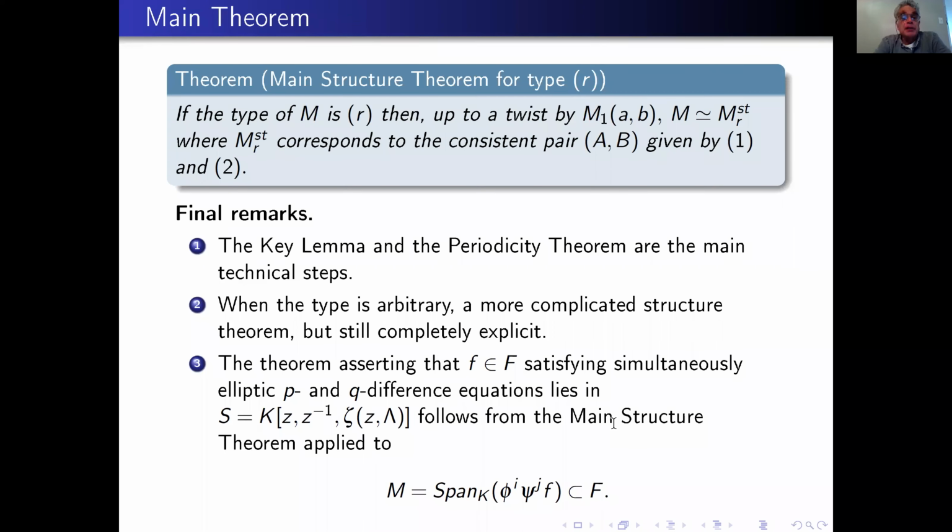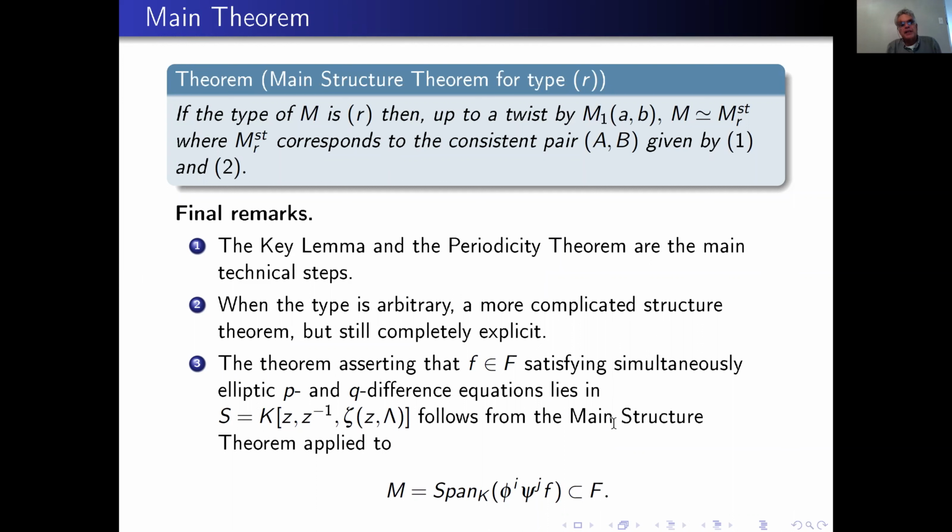So the final remarks: the key technical work that I cannot go over is in the periodicity theorem and in this key lemma. And when the type is arbitrary, you get a more complicated structure theorem, but the complication is basically of combinatorial nature.